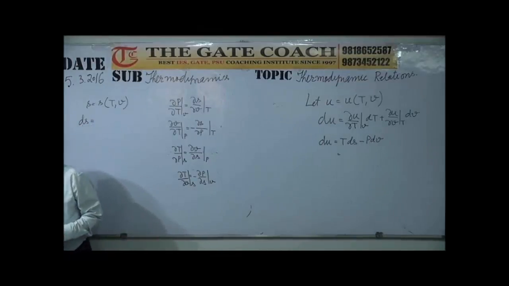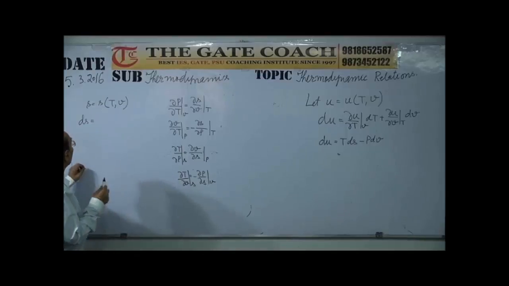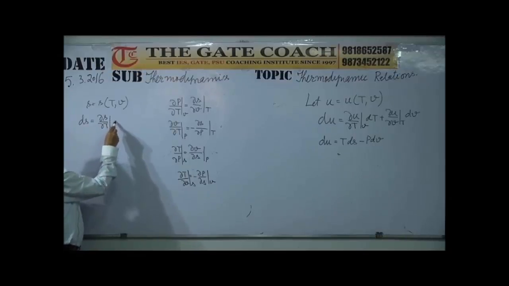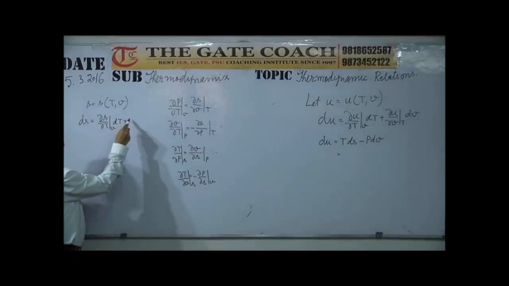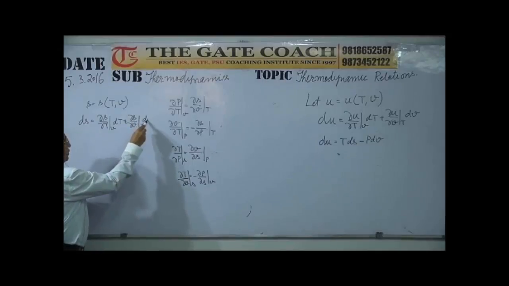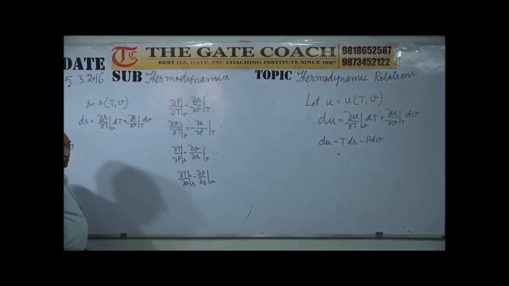So dS was written as del S by del T keeping V constant into dT plus del S by del V keeping T constant into dV. No difficulty up to this.